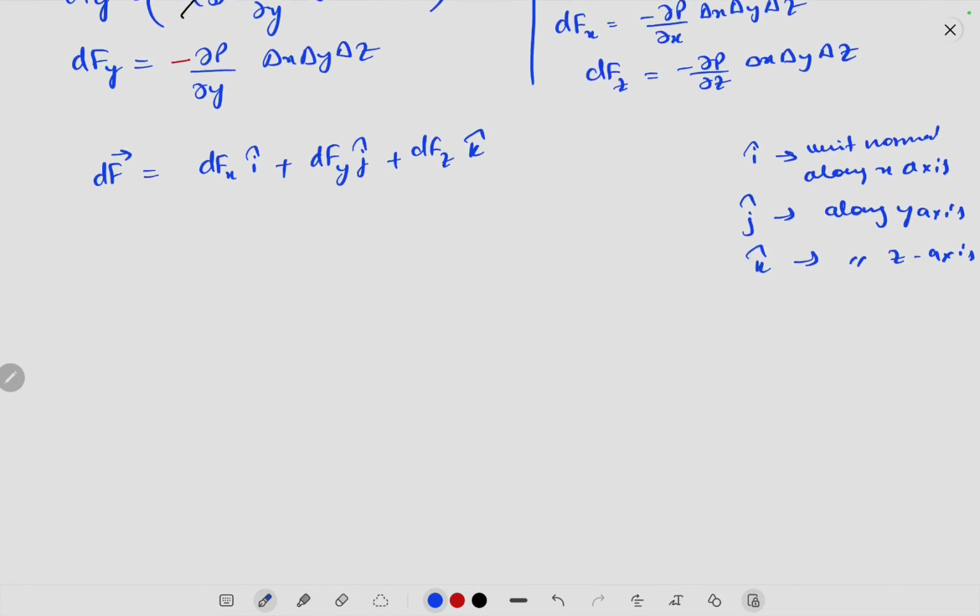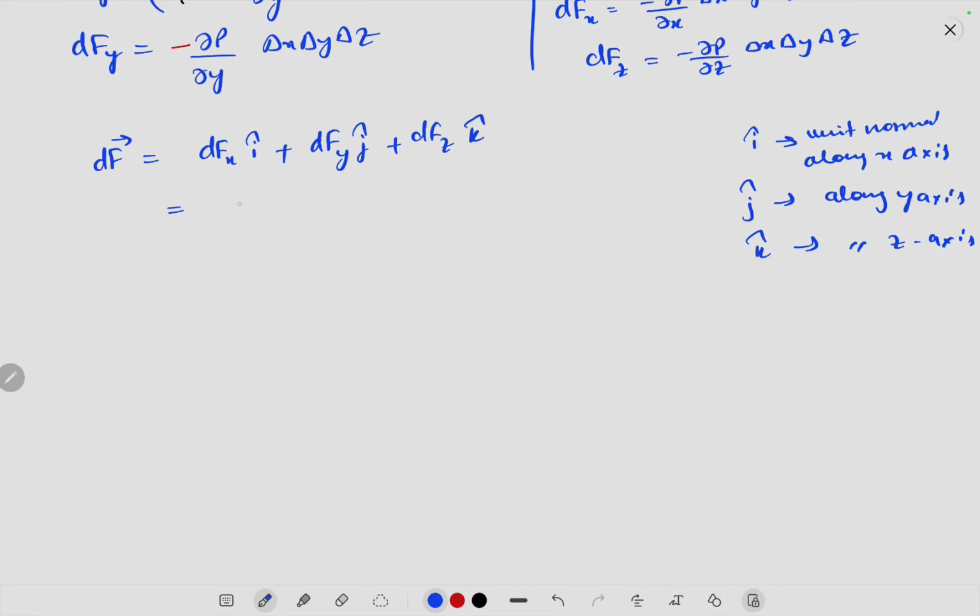Okay. So using the previous expressions, we can write minus del P by del x i hat, minus del P over del y j hat, sorry, there would be a negative sign here, minus del P over del z k hat, times delta x delta y and delta z.